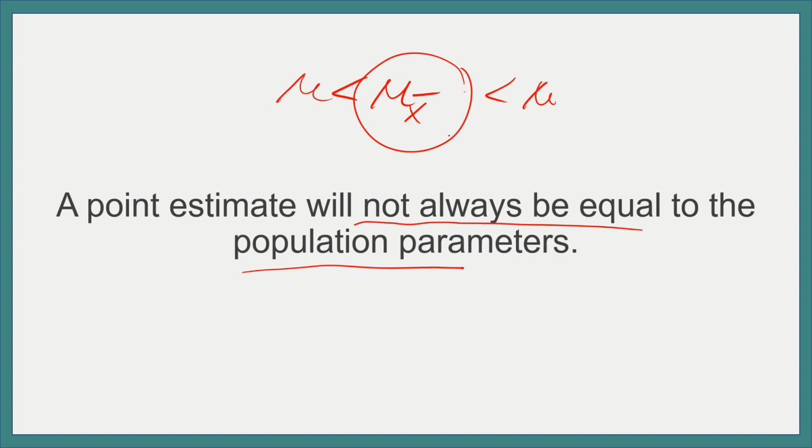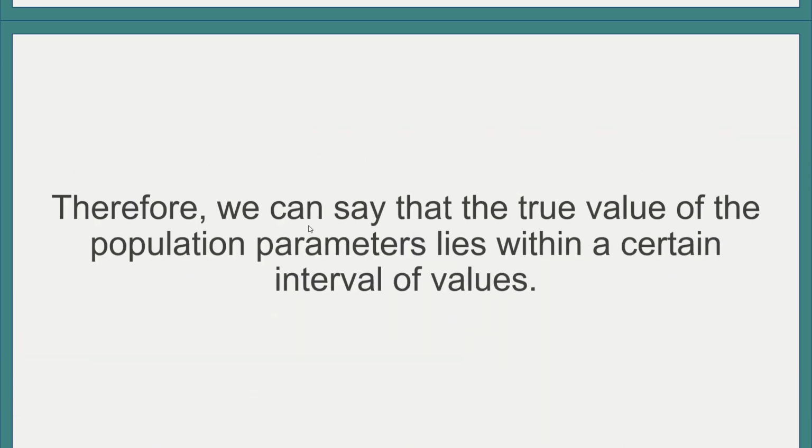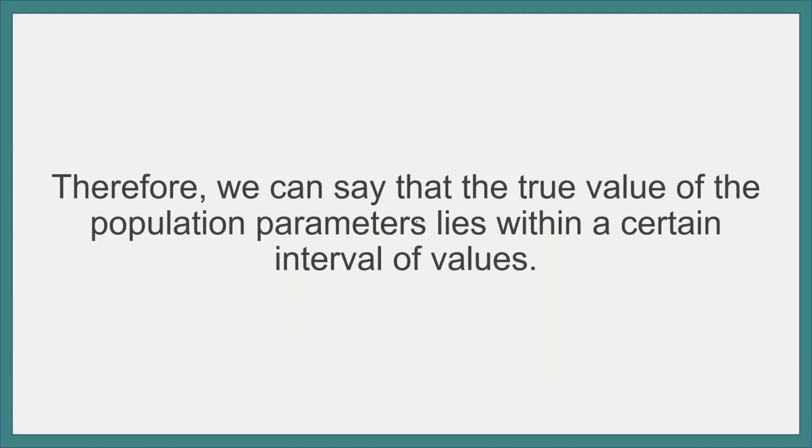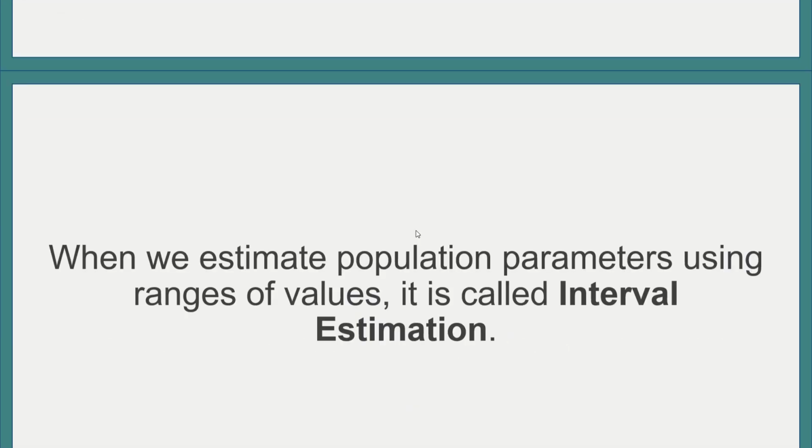For example, we cannot be certain that the mean of means that we get from our distribution of means is the true population mean. So again, from this information, we can say that the true value of the population parameter lies within a certain interval of values.